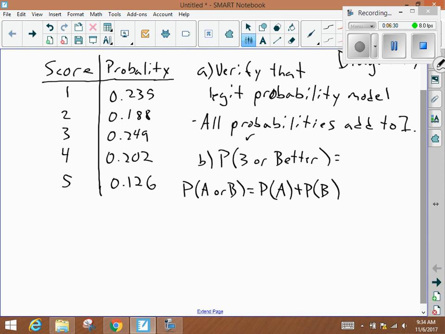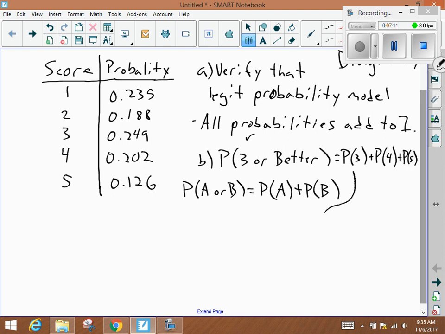That's the probability of a 3, the probability of getting a 4, or the probability of a 5. 3 or better means that each one of those things counts as a success, or a desired outcome. So I could just do this then. I'm going to write probability of 3 plus probability of getting a 4 plus the probability of getting a 5.